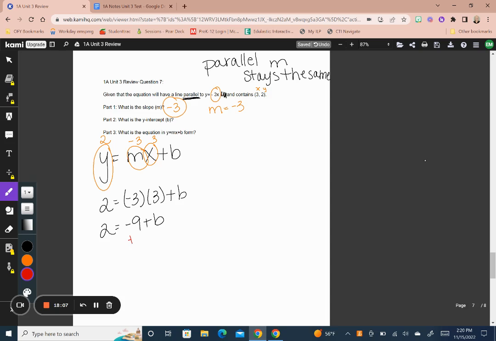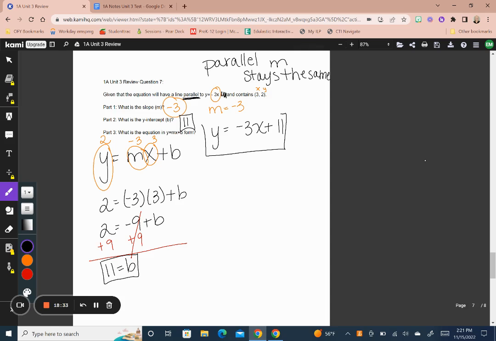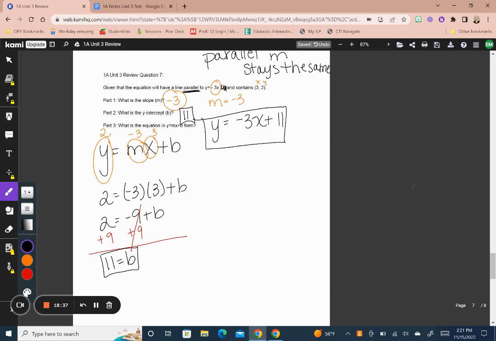Add 9 to both sides. So 11 is equal to b. And I have my m, I have my b, so y equals negative 3x plus 11. Fantastic. Okay, so let's go ahead and go to the next one.